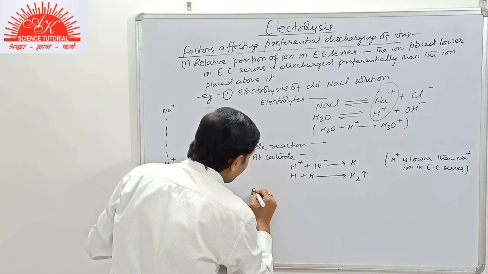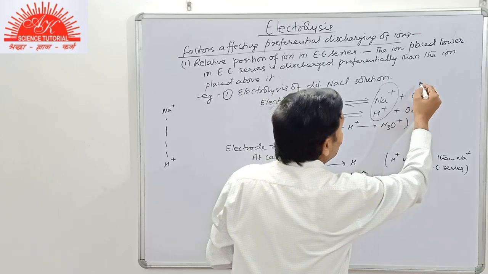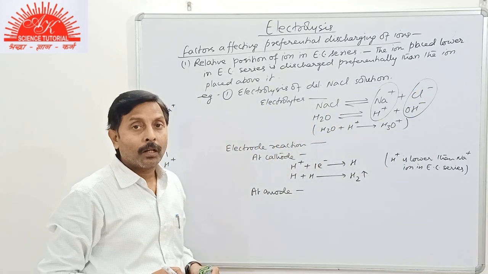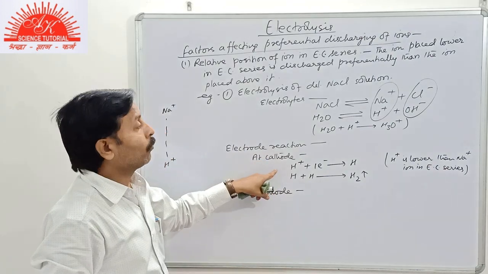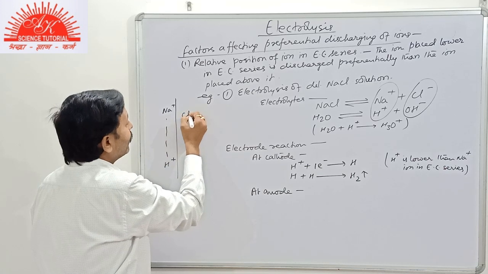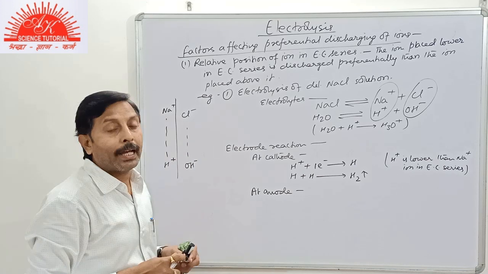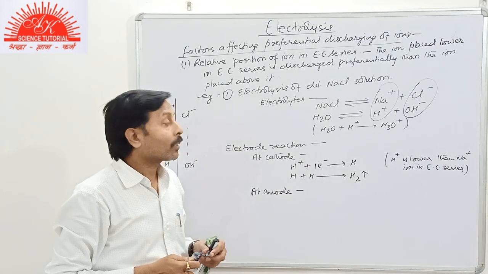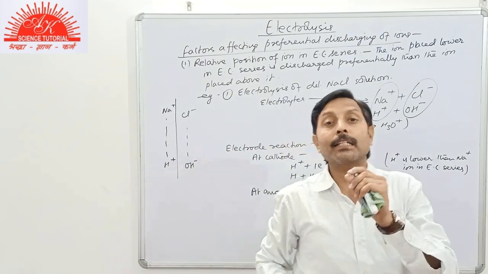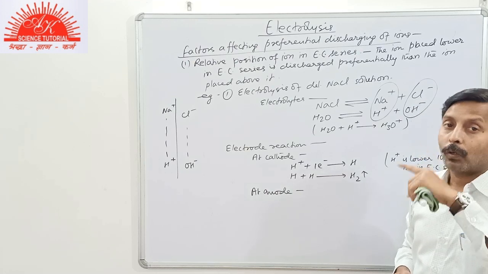At the same time, at the anode, these two anions migrate towards the anode. In a similar way, since the OH- ion is lower in position than the Cl- ion, it is the hydroxide ion that is discharged first, in preference over the chloride ion.